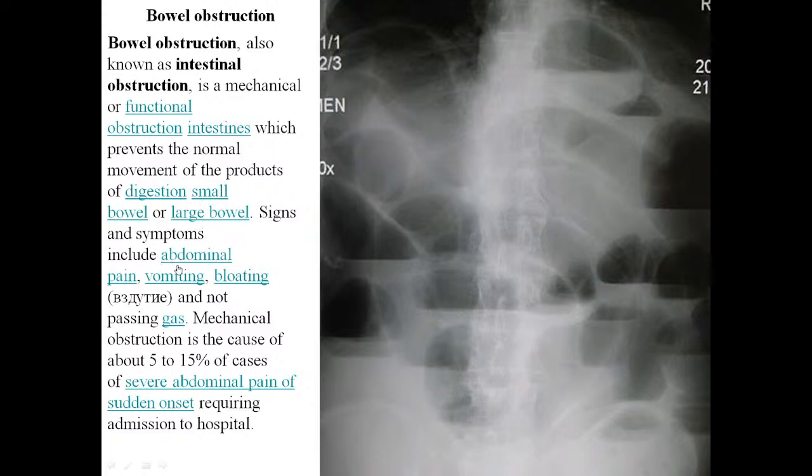Signs and symptoms include abdominal pain, vomiting, bloating, and not passing gas. Mechanical obstruction is the cause of about 5 to 15% of cases of severe abdominal pain of sudden onset requiring admission to hospital.